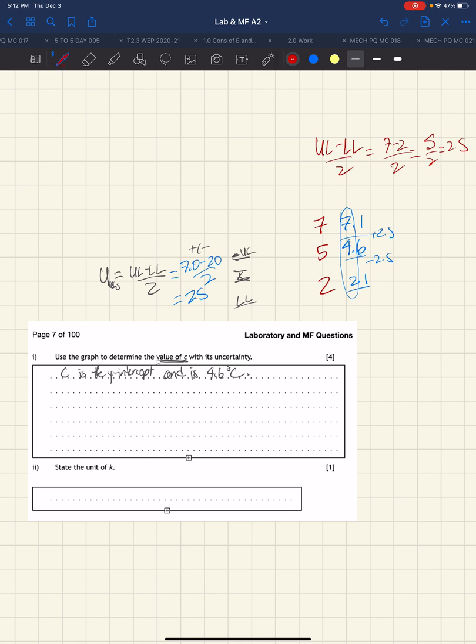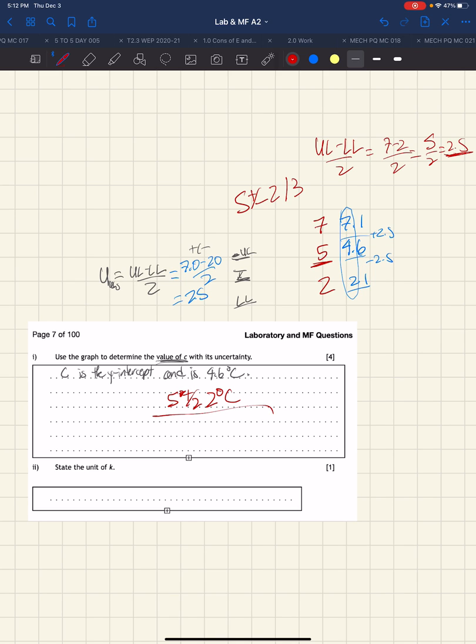So our mean value is 5 plus or minus either 2 or 3, depending on what our numbers were. In this case, I'm going to say that the absolute value is 5 plus or minus 2 degrees Celsius.